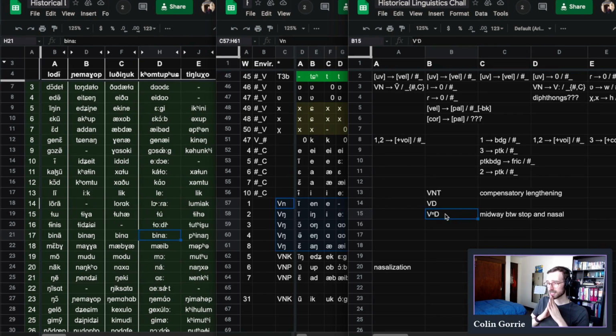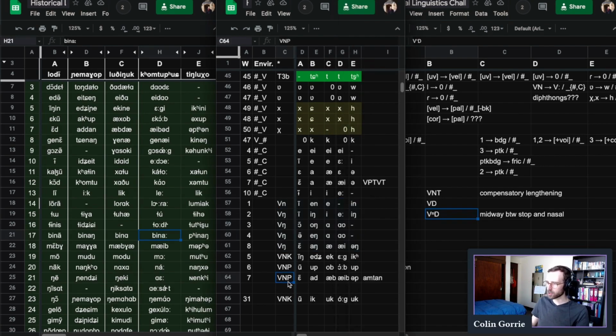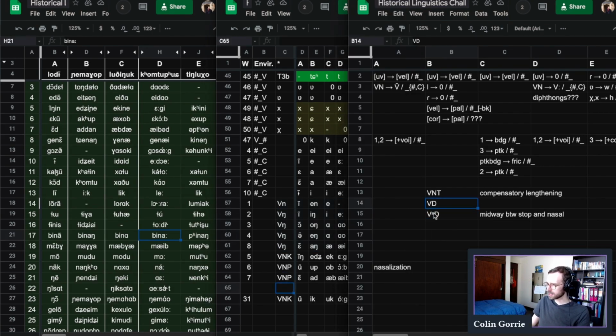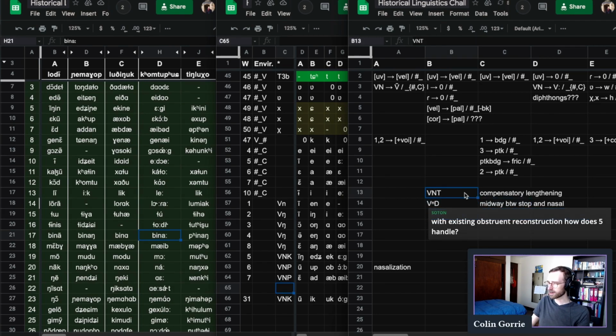Maybe that's what it is. I think we need to collect a few more correspondences. I think these are our two theories. So let's be on the lookout for something that can help us with this.